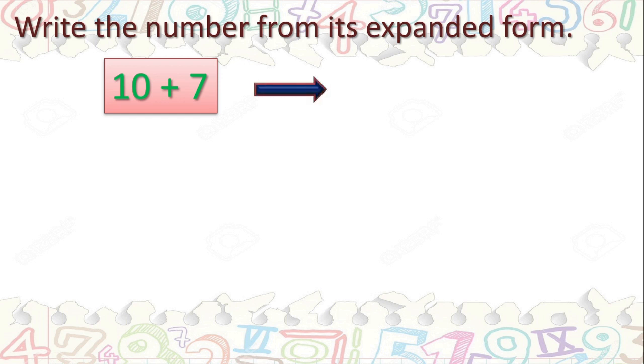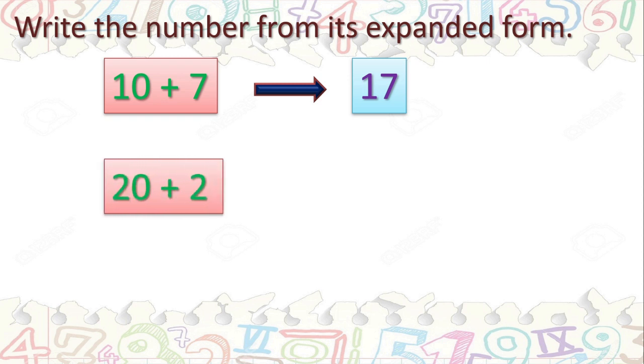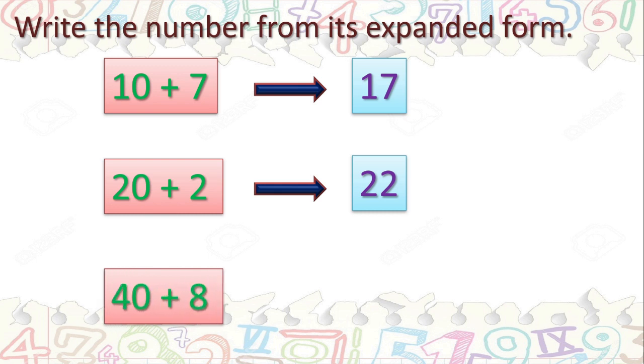Yes, dear children, what is the number? 10 plus 7 or 10 and 7 makes 17. Am I right? Next number 20 plus 2. That is 20 and 2 gives us 22. Next 40 plus 8. This is the expanded form of the number 48. Isn't it? Nice.